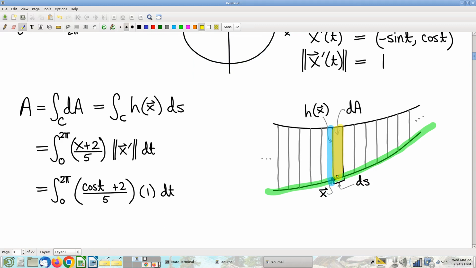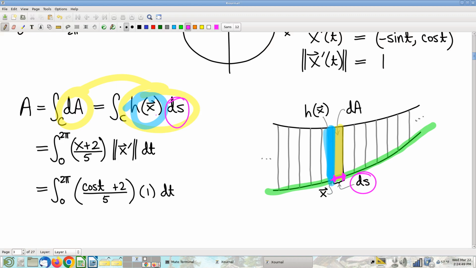Well, that area is height times width. The height, again, we have a formula for height. The width, length, whatever you want to call it, this distance down here, that's a little piece of my property line. That's a little piece of the curve over which I'll be adding all this up. That's ds.